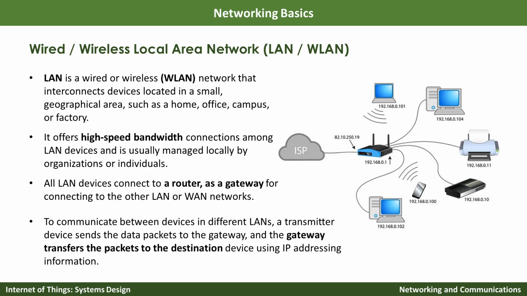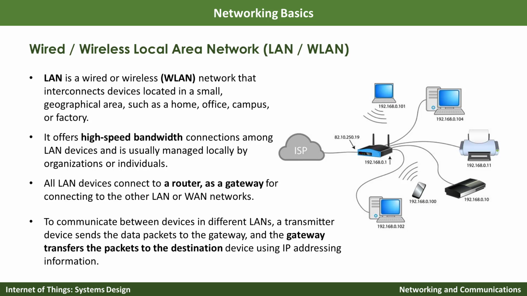So they're basically connected to the internet using a router, as you can see in the image. And then each of the devices within the network has a local IP address which cannot directly communicate with the internet. It has to go through the router.